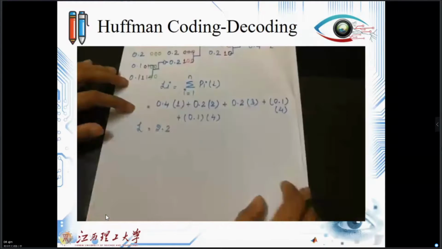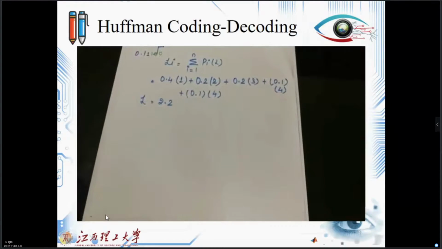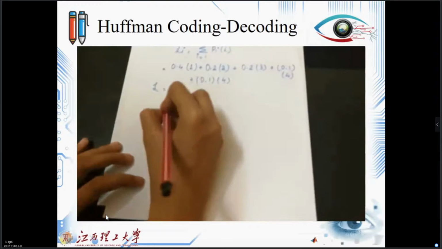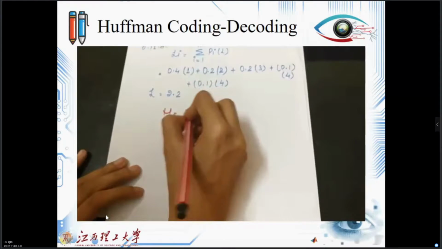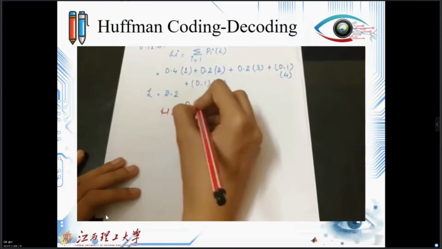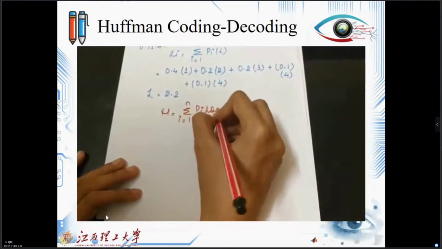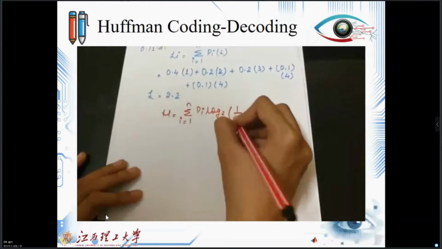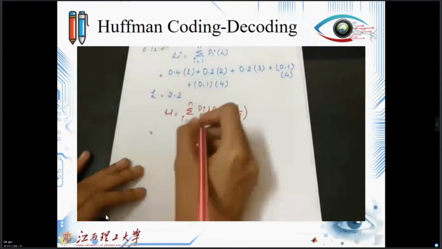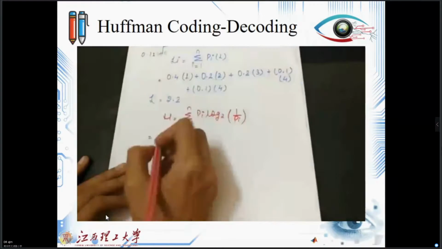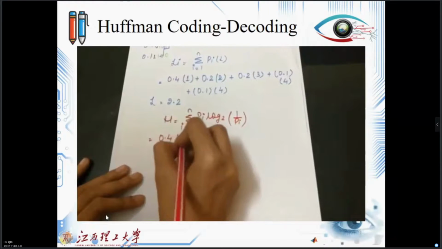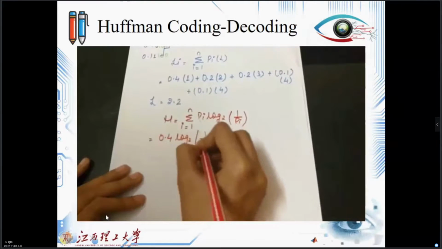When we calculate the length, it becomes 2.2. Next step is the calculation of the entropy. We know this formula: Pi is the probability that you had, and log 2 of 1 divided by, again, the probability that you had.